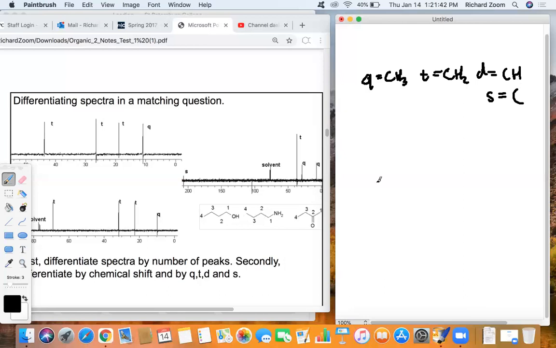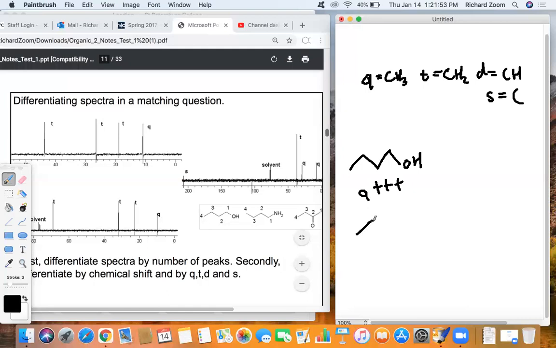So I know that this one would be Q, T, T, T. Same with the NH2 compound as well. That's going to be Q, T, T, T. Are you okay with that, Julie? Yes.